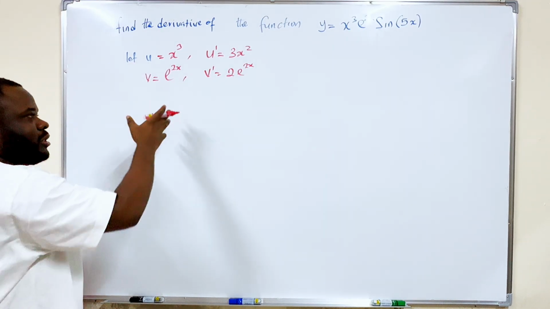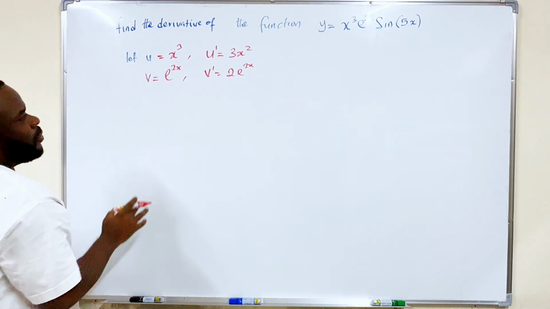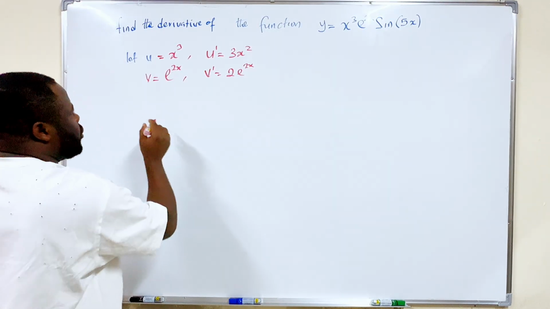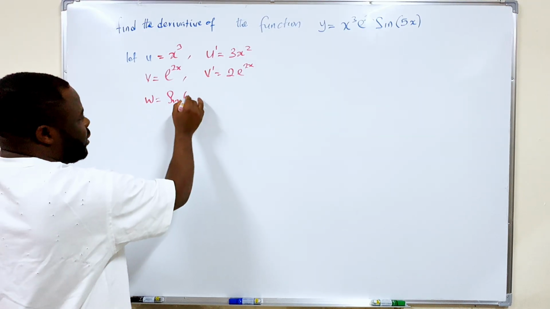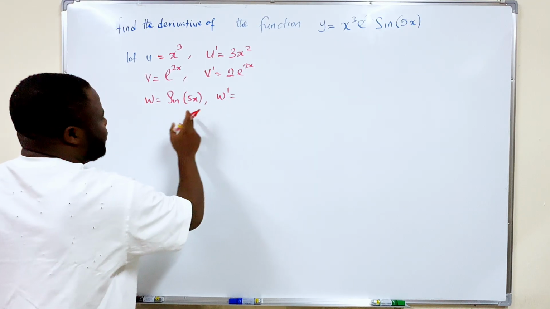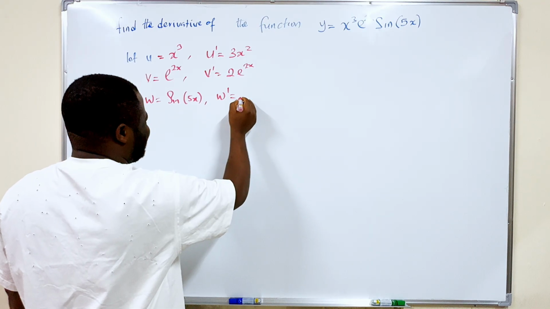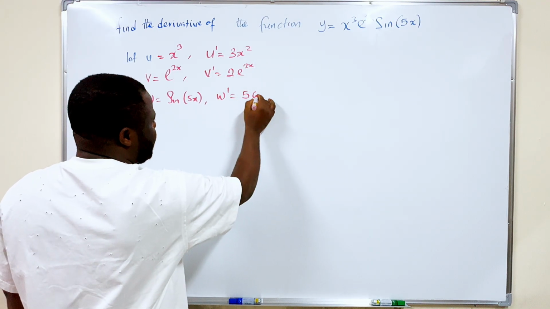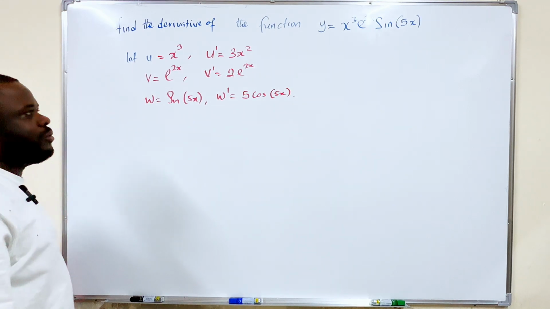If you don't know how to do this, please watch my video where I explain all these derivatives of parent functions. We also have w, which is sine 5x. If you find the derivative of this, it's going to give you 5 cos 5x. And that is it.